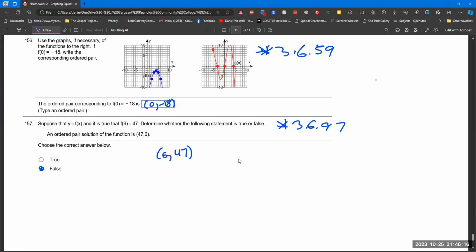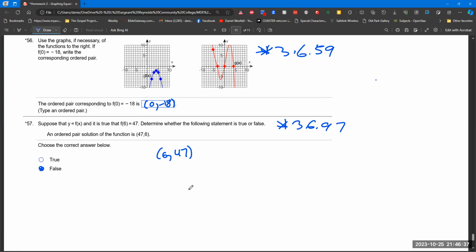All right, that's it with this introduction to functions, function notation, and how it relates to the points on the graph and the ordered pairs and all those things. You'll talk much more about functions when you get into pre-calculus.